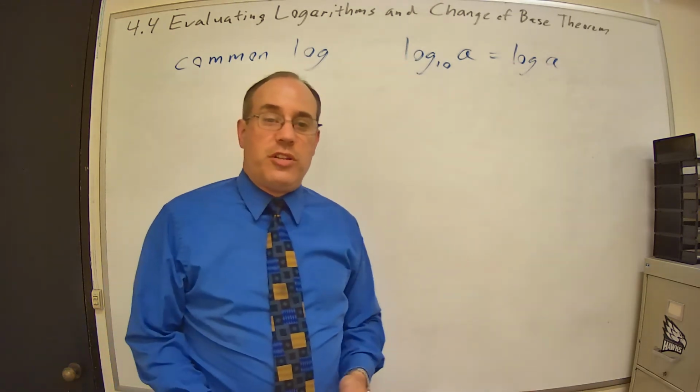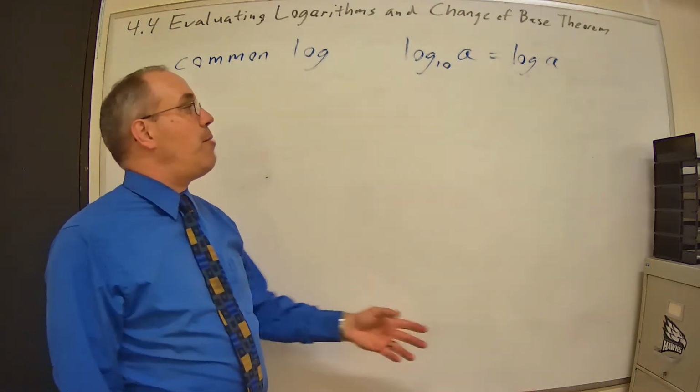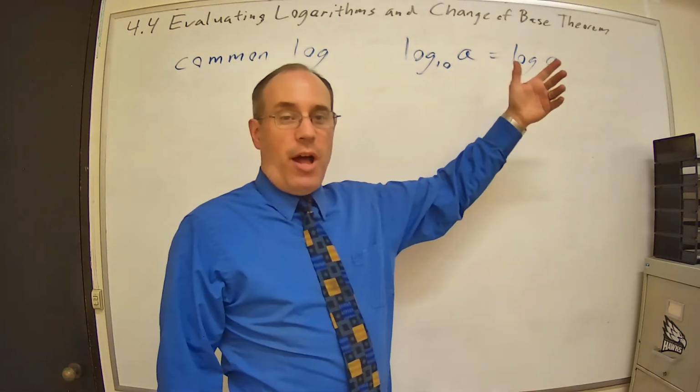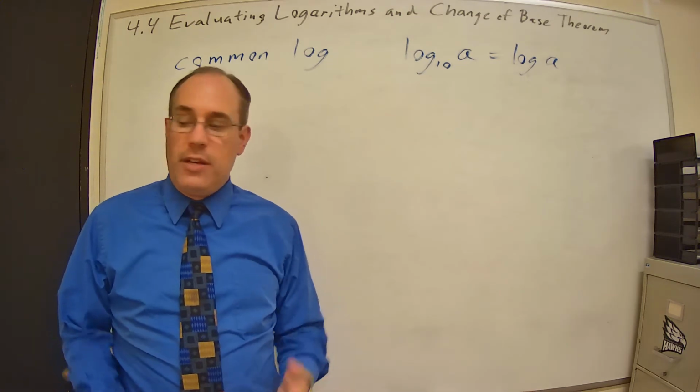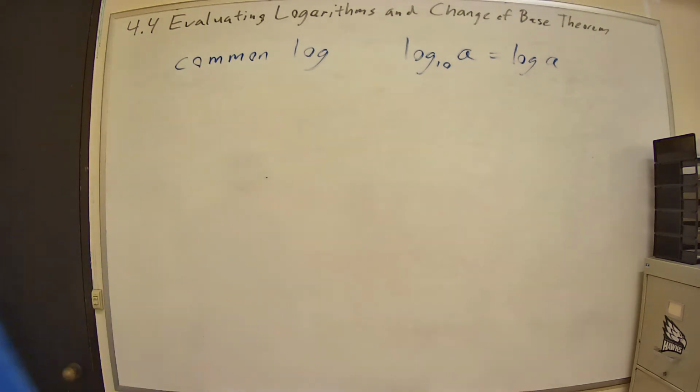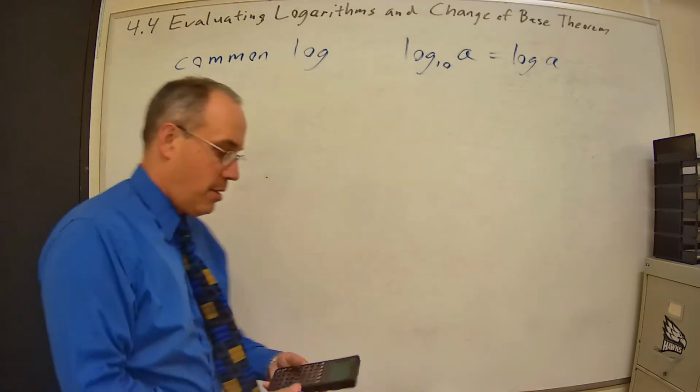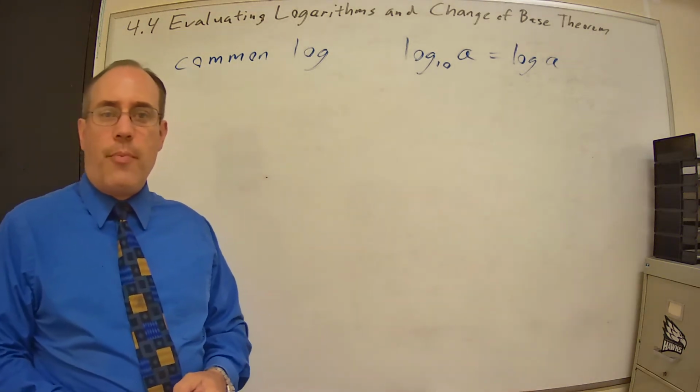So you can just plug in any positive real number for A and get the common log of it. So I'm actually going to grab my calculator here and do some common logs.